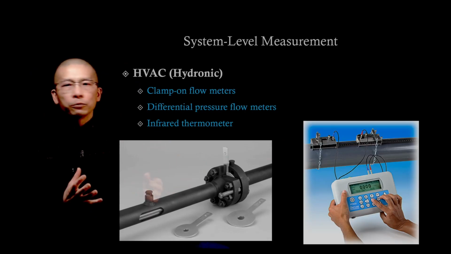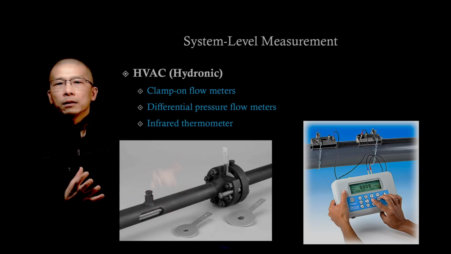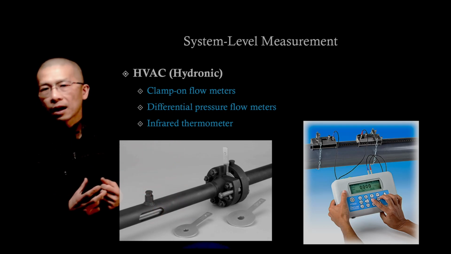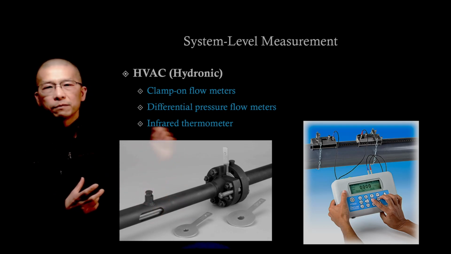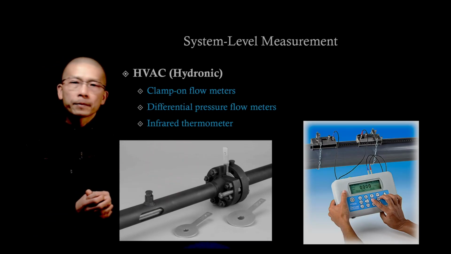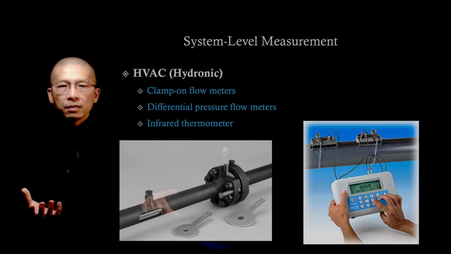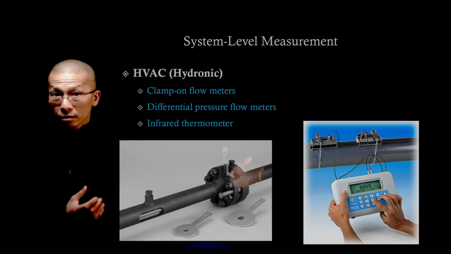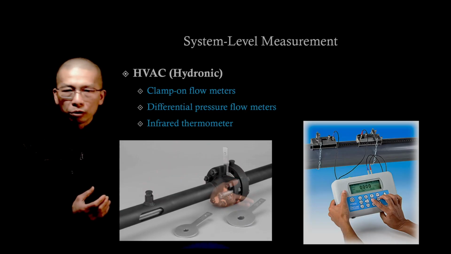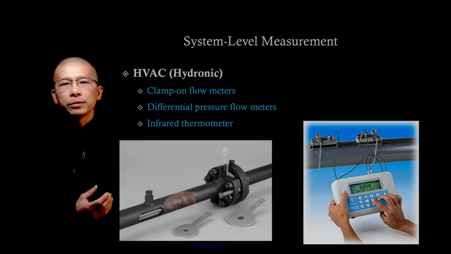Other methods we can use, again, infrared for quick non-contact temperature readings of pipes or heat exchangers. Right? In hydronic systems, the most important calculation is the temperature difference, the difference between supply water temperature and return water temperature.